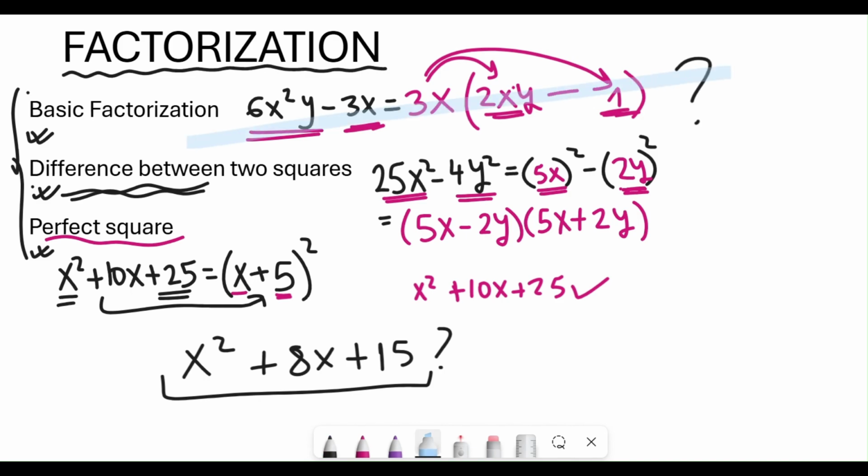So method number 1 cannot be used. Does this look like difference between two squares, like this one here? No, so this method cannot be used. Okay, is this a perfect square? What number to the power of 2 will give us 15? Oh, doesn't work. So this method doesn't work for our example as well.